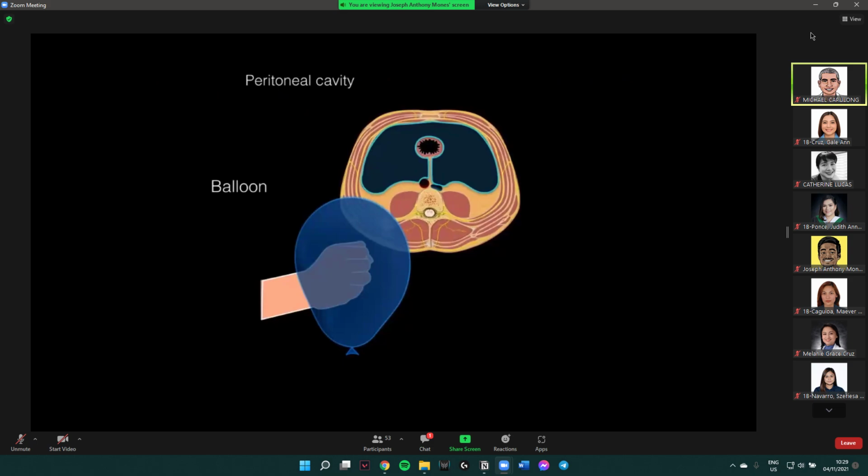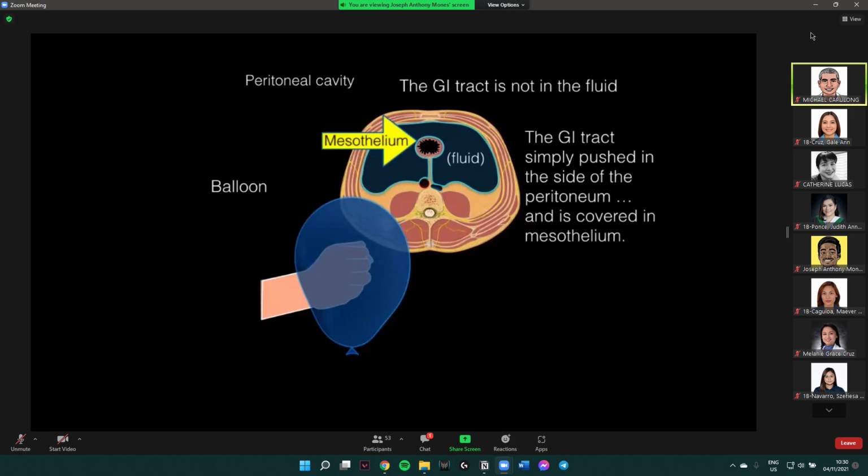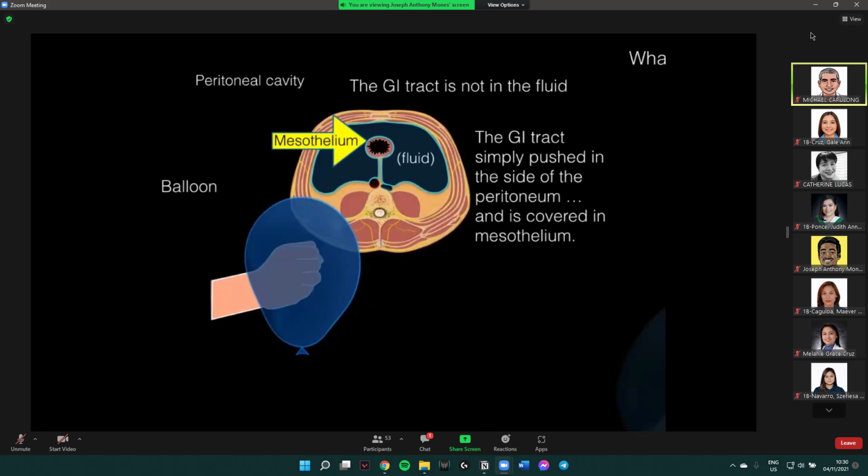The answer is no. Why? Well, there's our mesothelial tissue lining the outside, and then notice the peritoneal fluid. The GI tract is not in the fluid. The GI tract simply pushed in the side of the peritoneum and is covered in mesothelium, much like a fist in the side of a balloon.